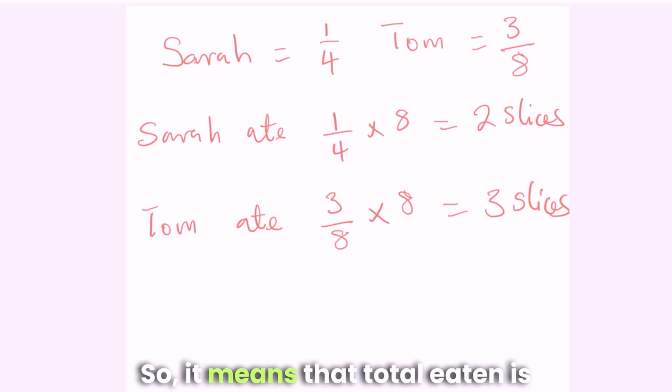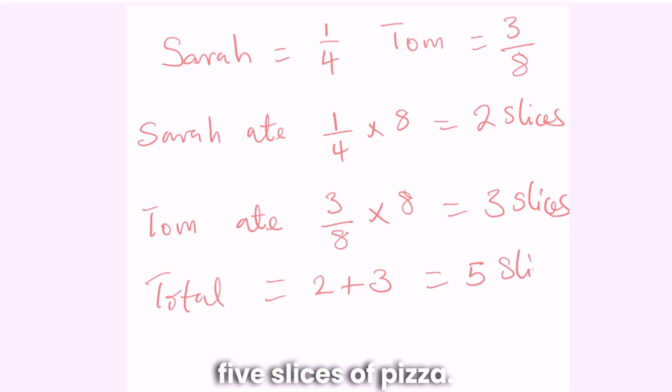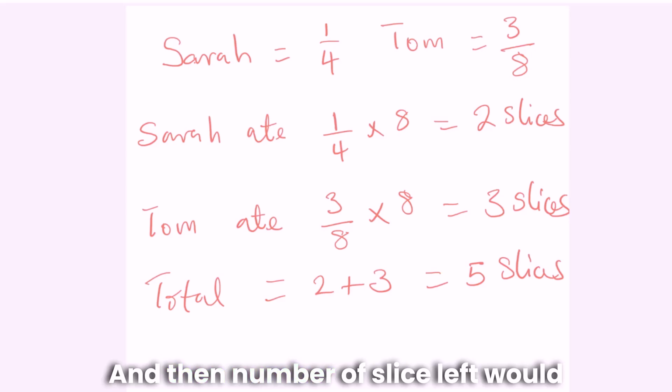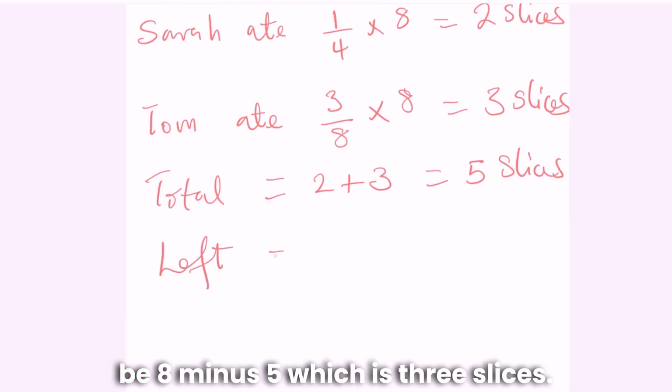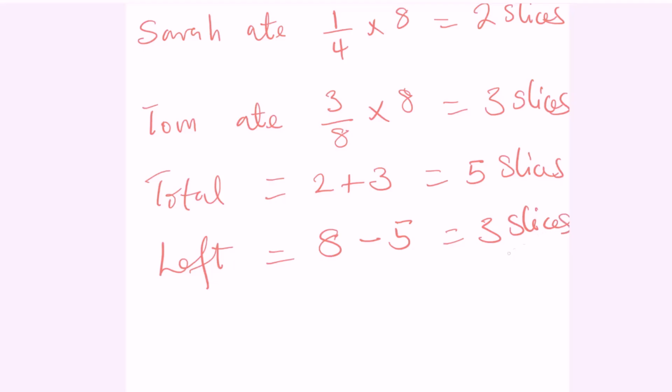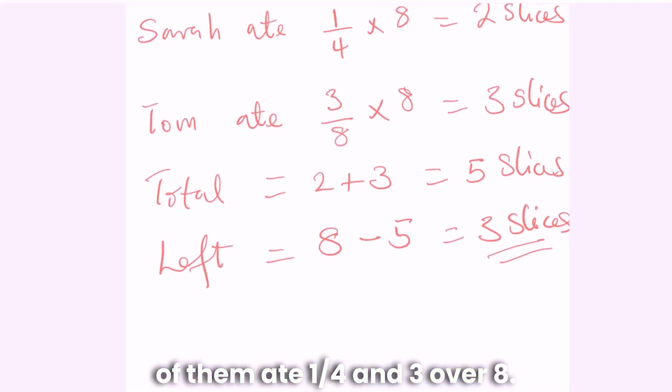So that means the total eaten is 2 plus 3, which gives us 5 slices of pizza. And then the number of slices left would be 8 minus 5, which is 3 slices. So 3 slices of pizza were left after the 2 of them ate 1/4 and 3/8.